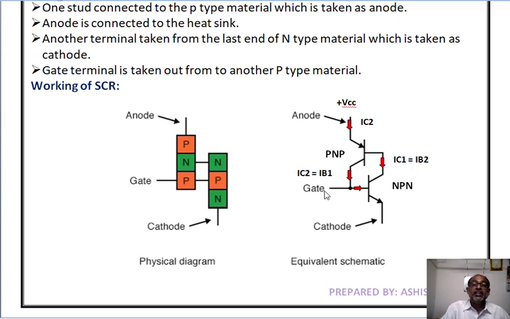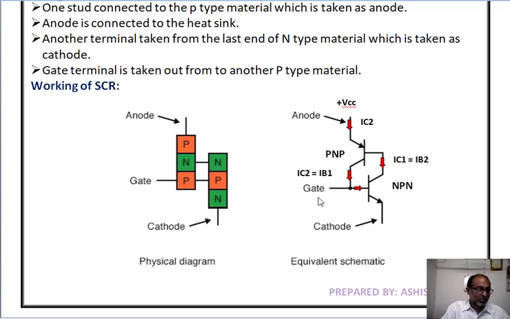So IB1 is increased due to the increase in IC2. Now due to this IB1, the IC1 current will increase, and due to this IC1, IB2 also increases, which will increase the IC2 current, the collector current of transistor T2. So this is a cumulative process, and this process is very fast.